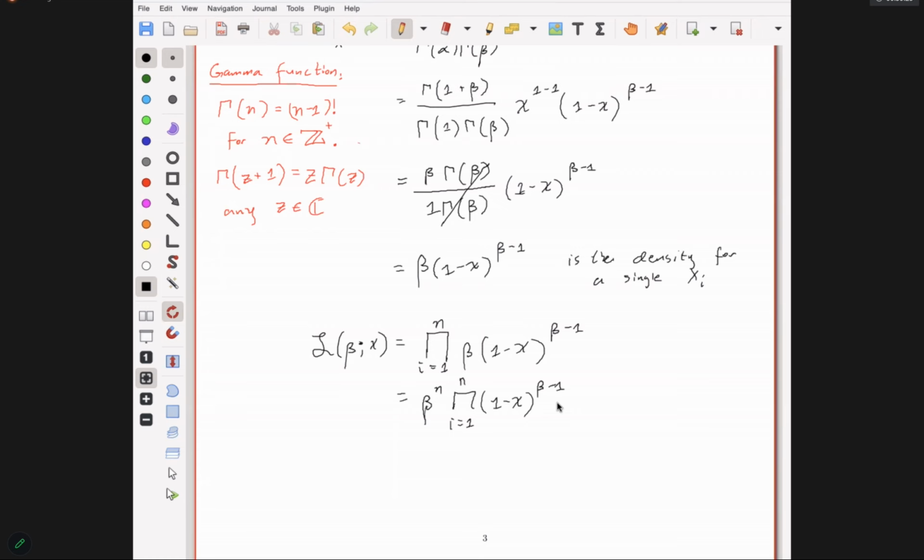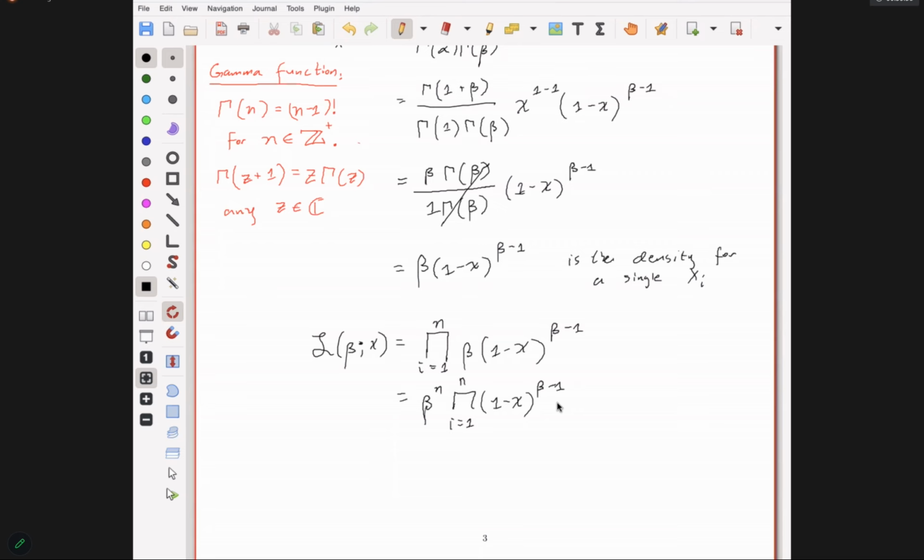We take the logarithm. Anytime you see a likelihood function that you are hoping to differentiate, your first thought should be to take the logarithm of it.